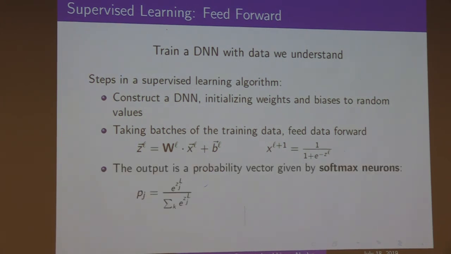The final output is going to be a probability vector given by what are called softmax neurons. What that means is you put them into this function here, and for your output layer, you're going to have a probability that it ends up in each thing.